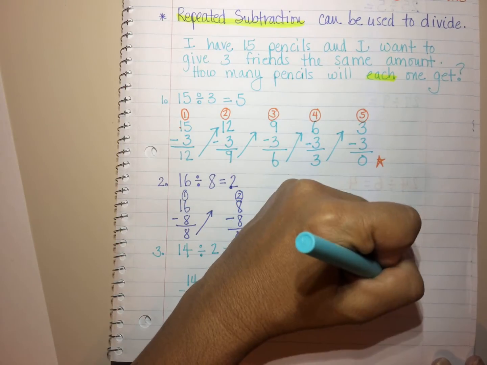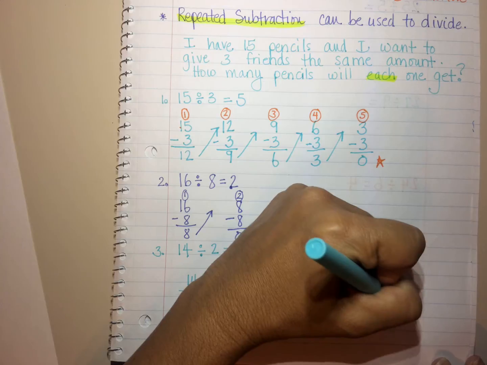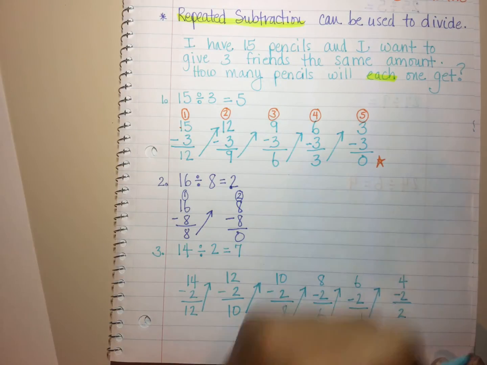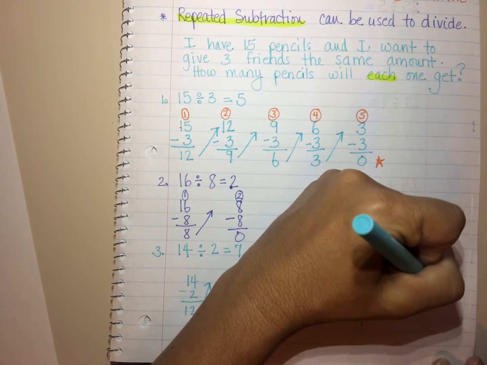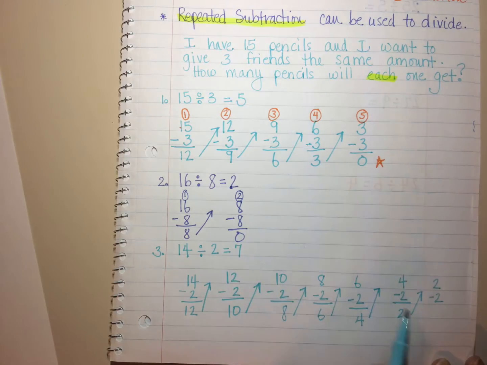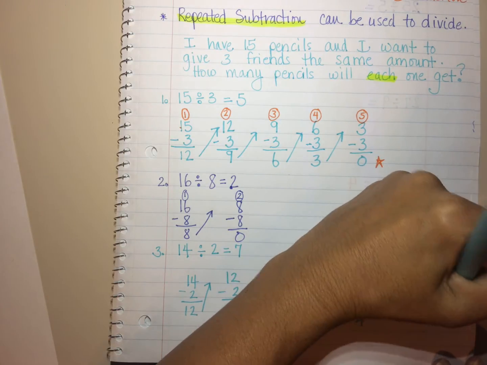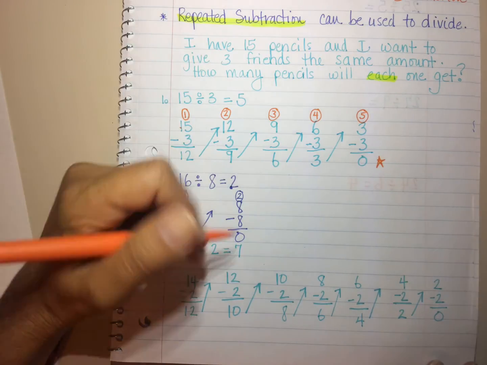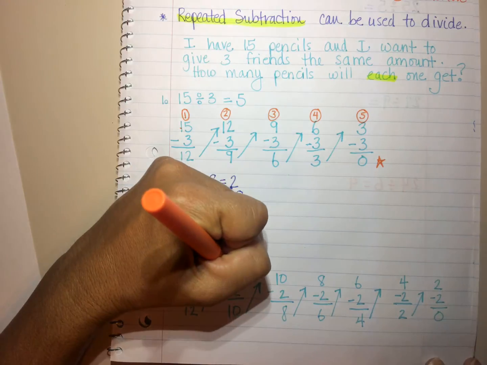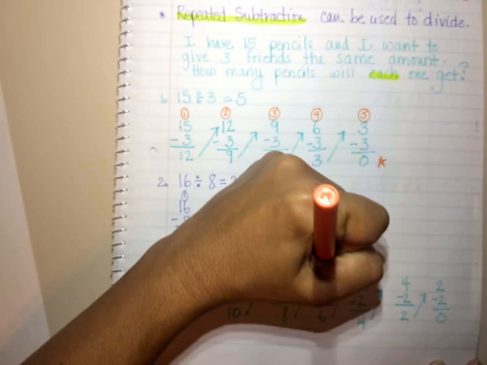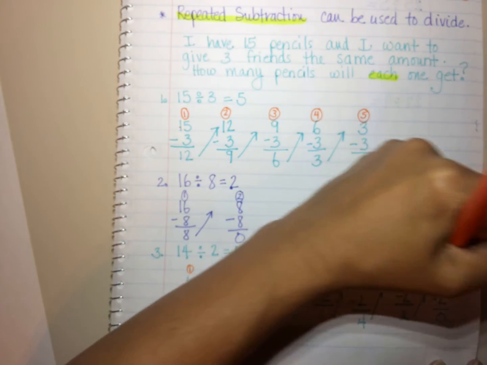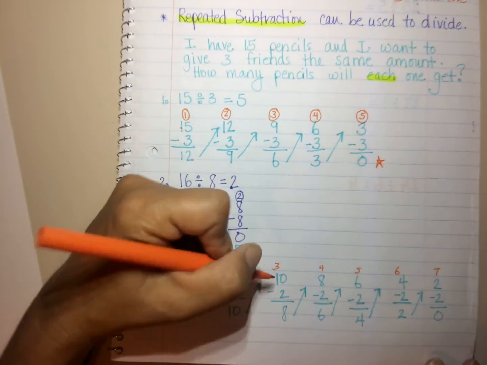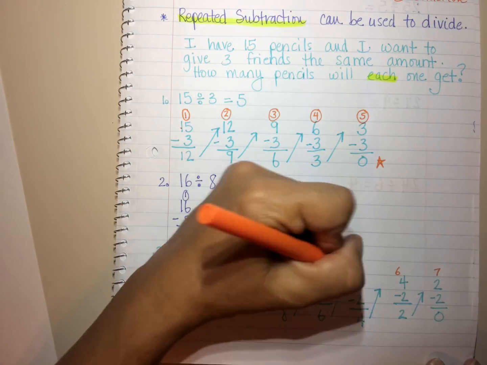Subtract 2 from 4. And now bring up your 2. Subtract 2 like you've been doing. And you're done. How many times did we do that? 1 time, 2 times, 3, 4, 5, 6, 7 times. And that's your quotient.